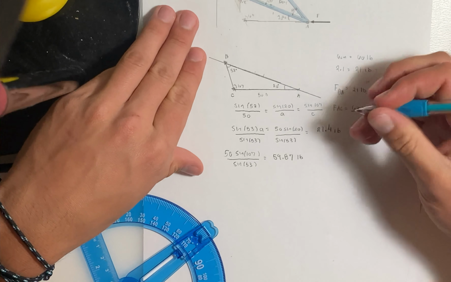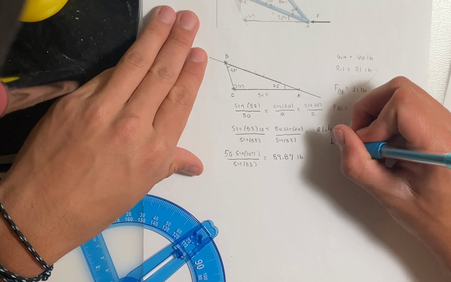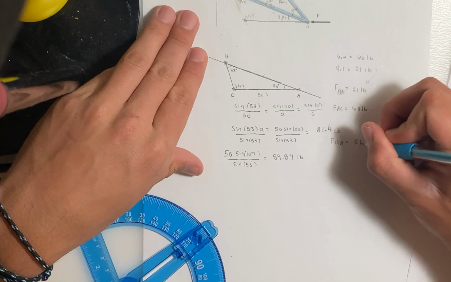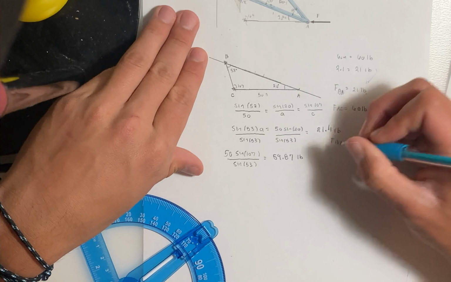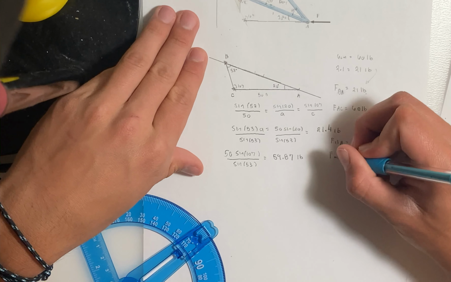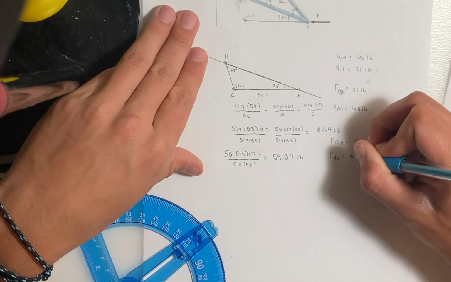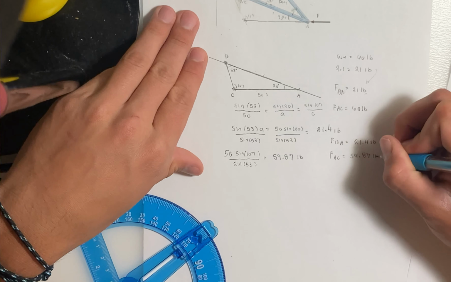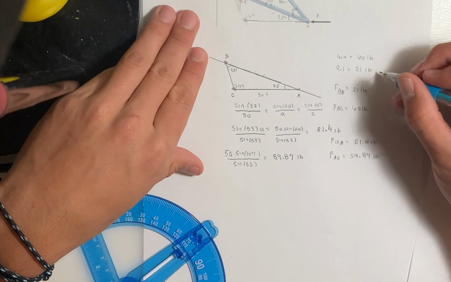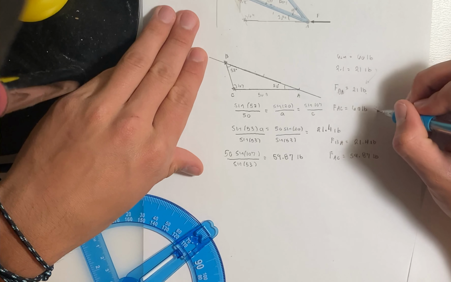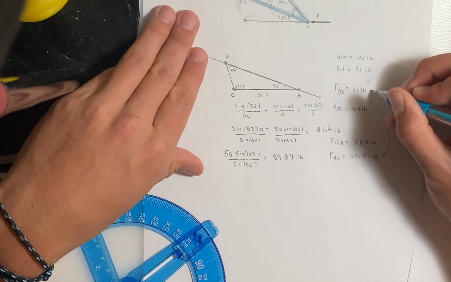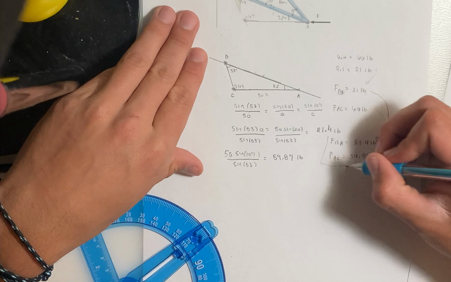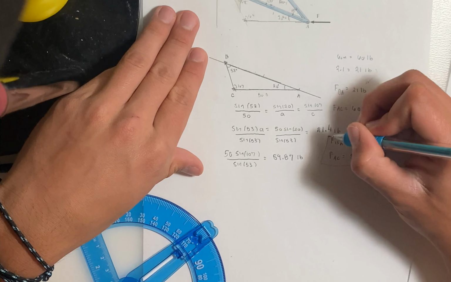So our force analytically in the BA direction is equal to 21.4 pounds, and our force in the AC direction is equal to 59.87 pounds. So it's pretty similar to what we got here, being this 60 and this 21, and this is going to be our final answer for this problem.